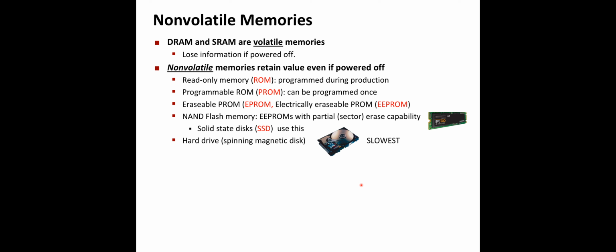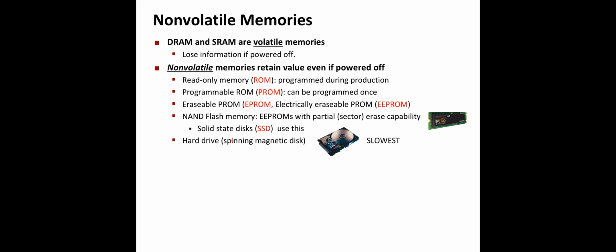Now, there are some that we're really not going to talk about very much that are on the motherboards of our machines, something called PROMs and EPROMs that hold little bits of information. The ones we're going to think about more carefully are these two technologies that most of our disks are made of now.